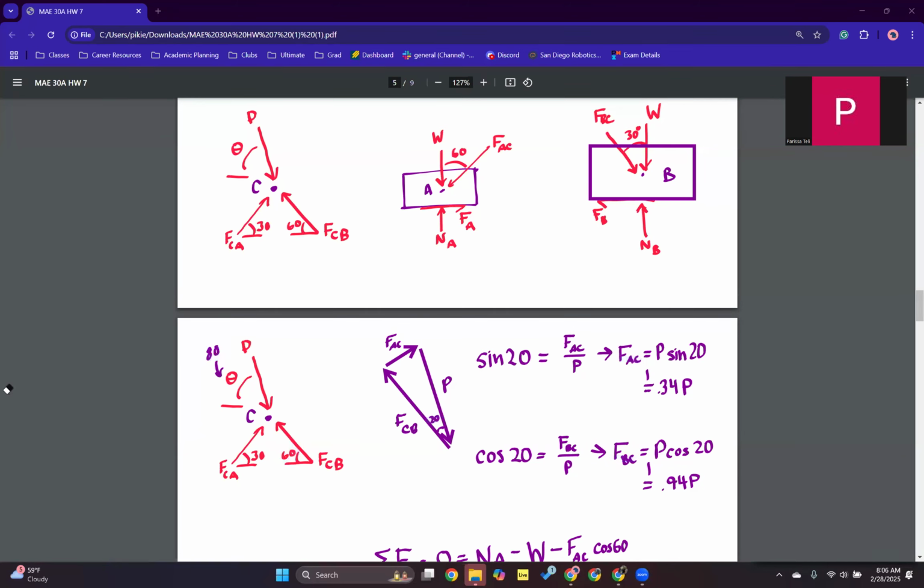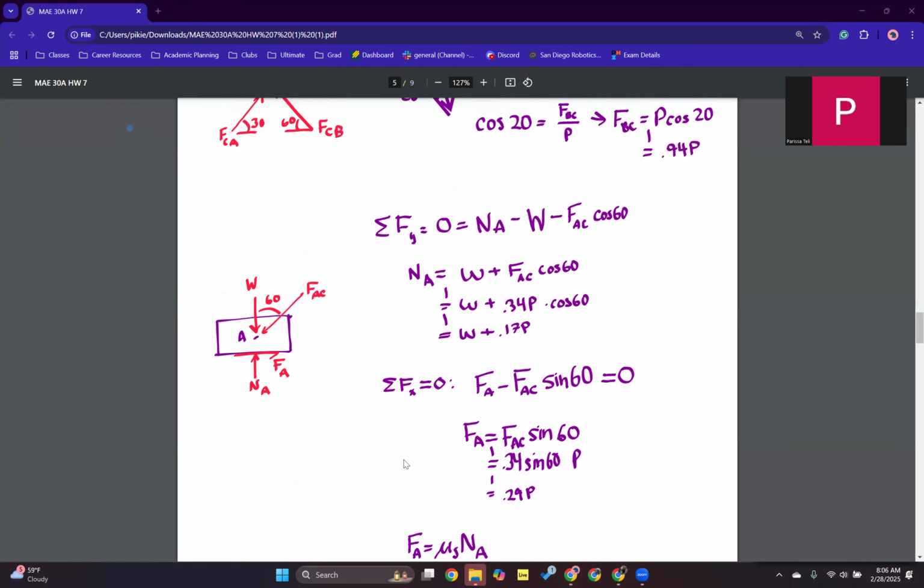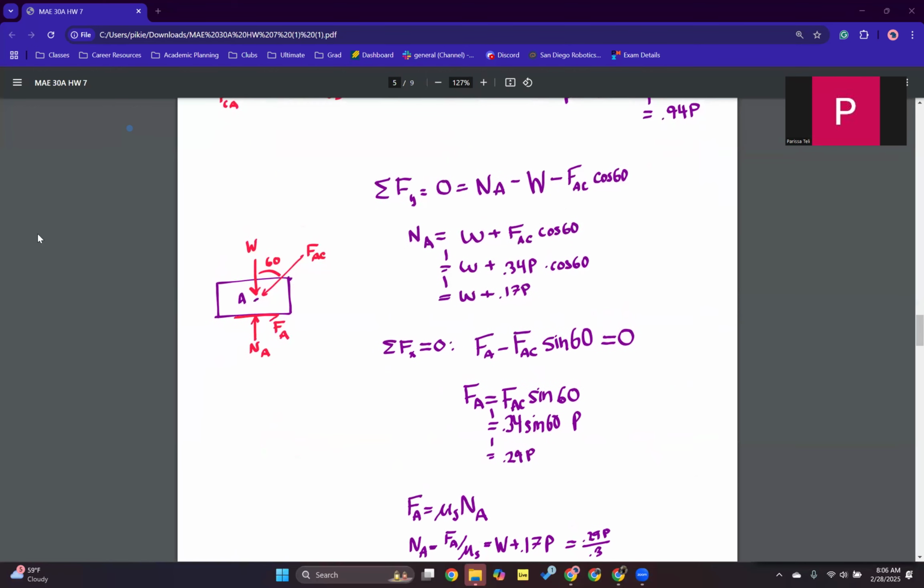After we have that, we'll move on to the second FBD, which is the FBD of A. For A, we can go about it the standard way, which is just creating our summation of X and Y equations.